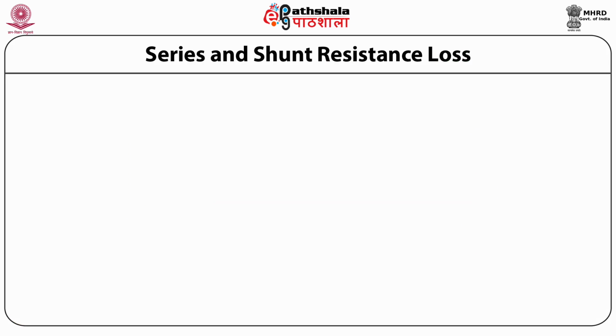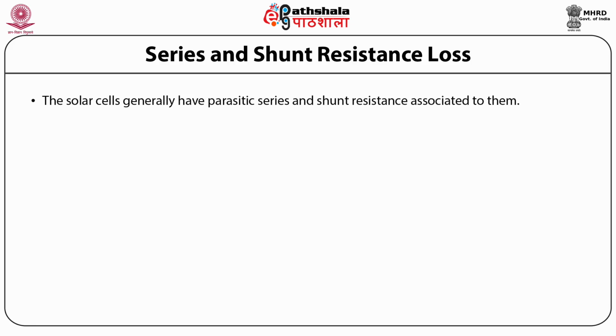Series and shunt resistance loss. Solar cells generally have parasitic series and shunt resistance associated with them. The current which is produced in a solar cell passes through the bulk before it reaches the contact grid.